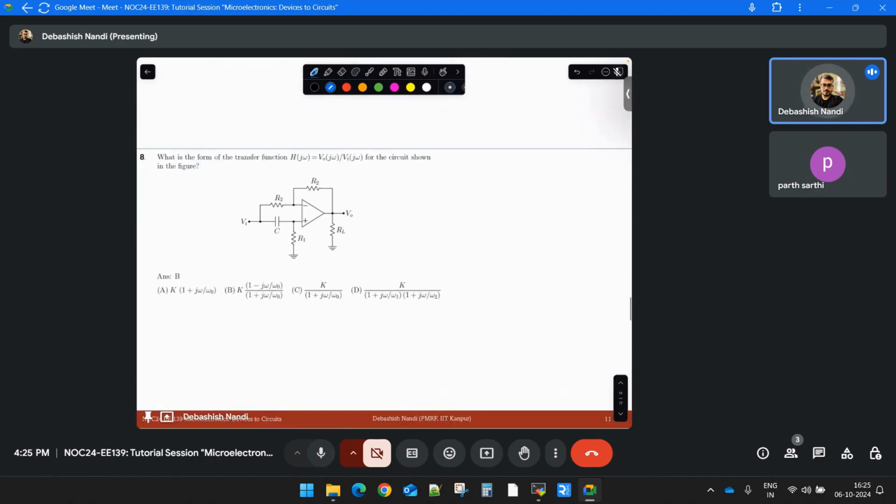Then moving on to this: what is the transfer function for the circuit shown below? So how to do this very quickly? If you have understood, this entire stuff is your inverting amplifier, right?